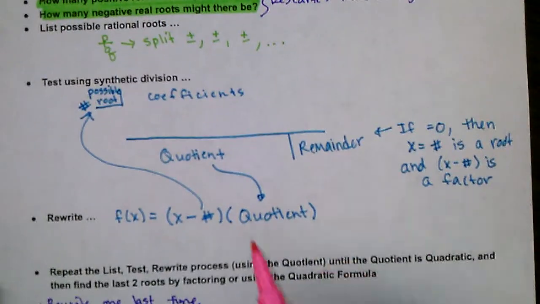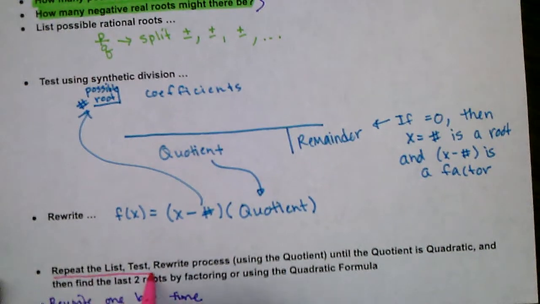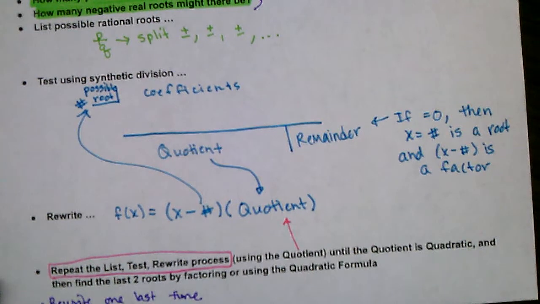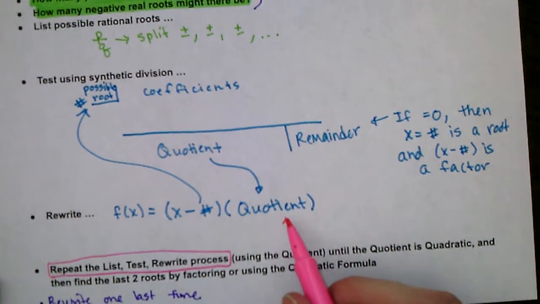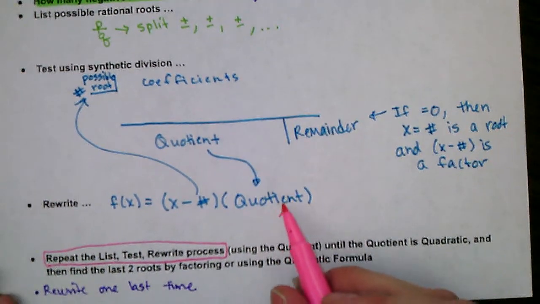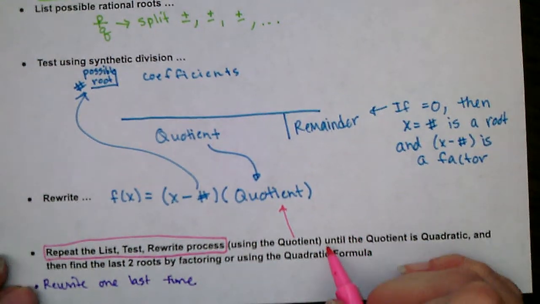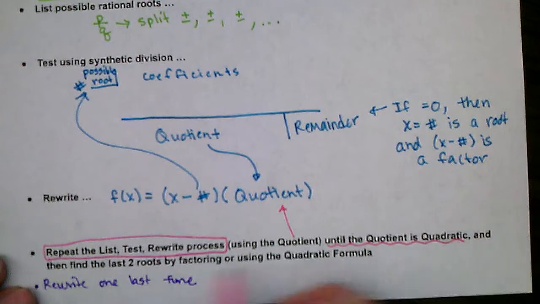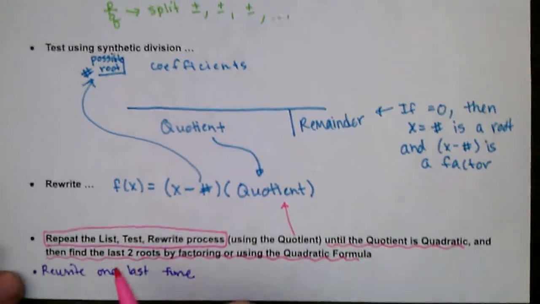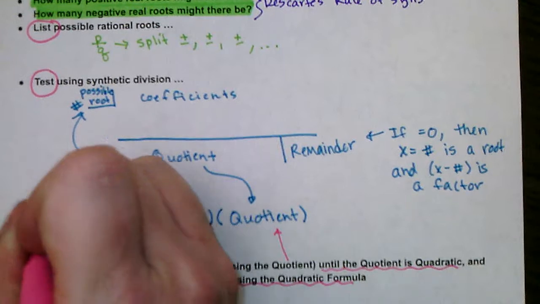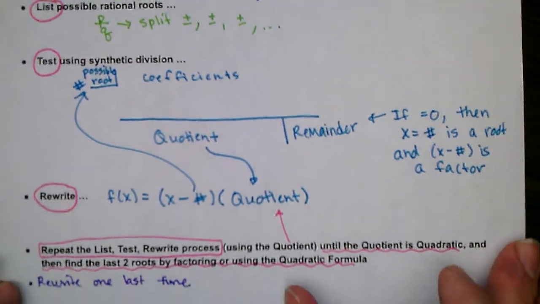And then we're going to repeat the list, test, rewrite process using the quotient. So we will list possible roots for the quotient, and then test, and then rewrite. And we do that until the quotient is quadratic, then find the last two roots by factoring or quadratic formula. So the process we're repeating is list, test, rewrite, and then repeat.